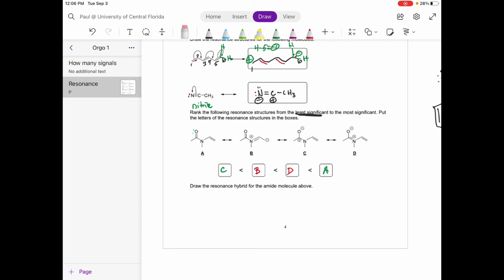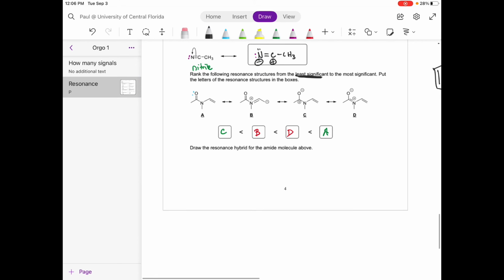And so when I draw the resonance hybrid, I'm going to have the connectivity all the same, guys, like this. Okay, and then we have a bond to oxygen. Now, taking a look at the oxygen atom, we see that there's a double bond in A and then single bond character in C and D.